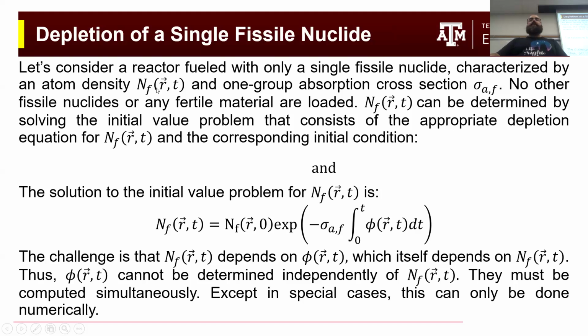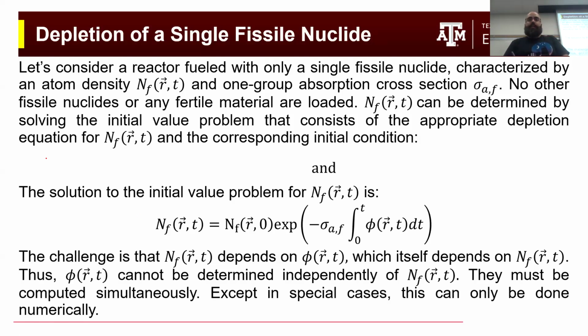We're imagining that N sub F is just our initial fuel concentration, with an absorption cross section for the fuel, and no other initial fissile nuclides or fertile material in the reactor. If this is the concentration of my fuel in the reactor, then my differential equation for this fuel says change rate equals gain rate minus loss rate.